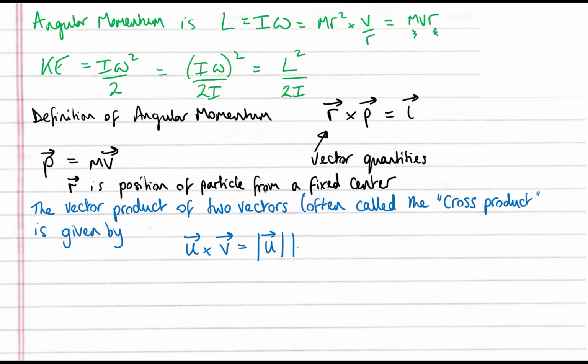where these values I'm drawing are the magnitudes of those vectors, the scalar length, if you will. C is a unit vector perpendicular to the plane formed by u and v, and theta is the angle between u and v.